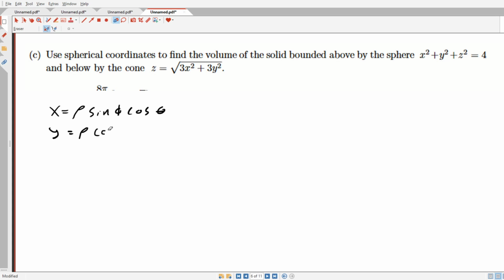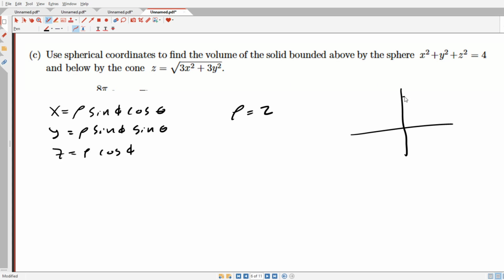So this is sine phi sine theta, and z equals rho cosine phi. Okay, but so for this bound, we have the sphere rho equals 2. Okay, and then just in general, we're going to have some sphere, and then we're going to have a cone. It's going to look something like this.